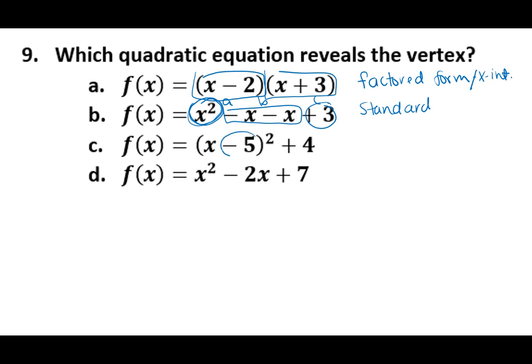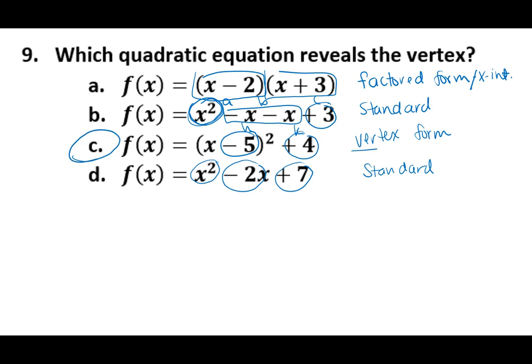This one, we have an H and a K, which is vertex form. This one has an A, B, C. This is standard. So to show your work on this one, I want you to tell me what form each of these is. So my answer would be C, because vertex form is vertex.